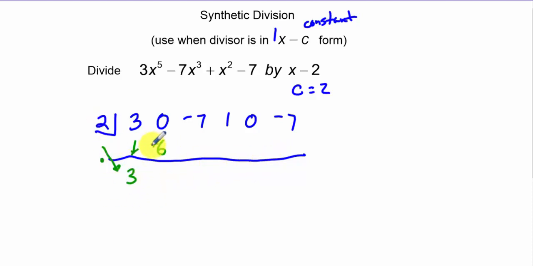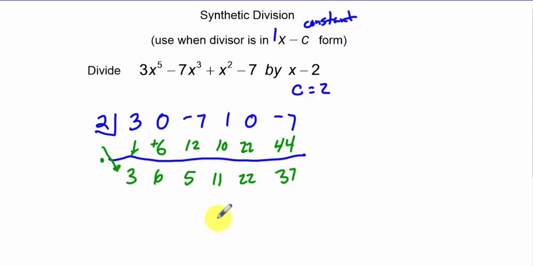And then we're going to add vertically. So I get a 6 here. Then again, on the diagonal, multiply, get a 12, add 5, 10, add 11, 22, add 22, 44, add 37.